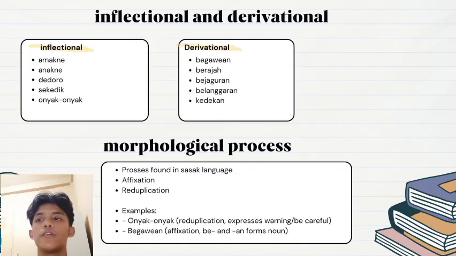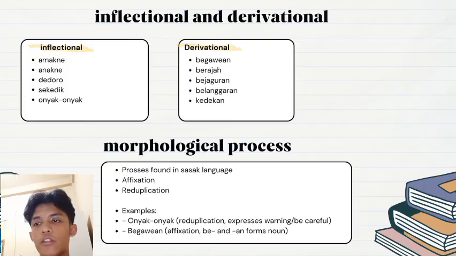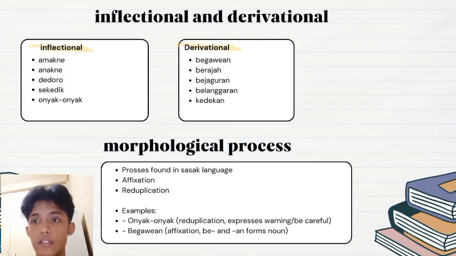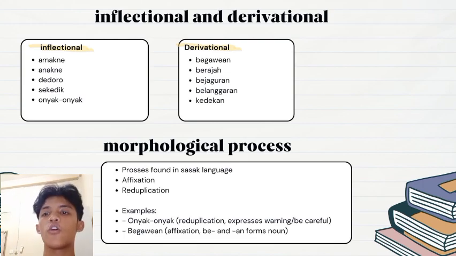Next is derivational. Derivational morphology is a core process in Sasak. It creates new words that often change the original word's class or significantly alter its meaning. This is clear in the analysis of the following words, all of which are classified as derivational. The first word is begawean, formed by the confix b and n around the root gawe, where all affixes are bound and the root is free, resulting in a noun.